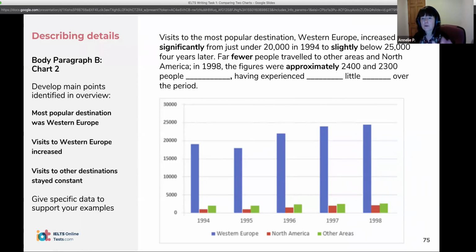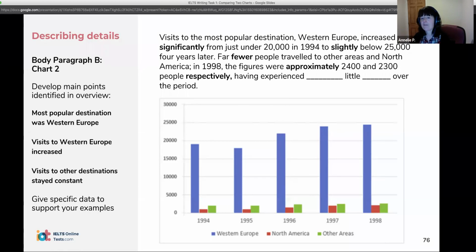Yeah, approximately, around 2,400 and 2,300 people. We're referring now back to the two ones. Very good, Keir, got it there, respectively. Okay, so we've got two areas, two figures. We need to show which one belongs to which.